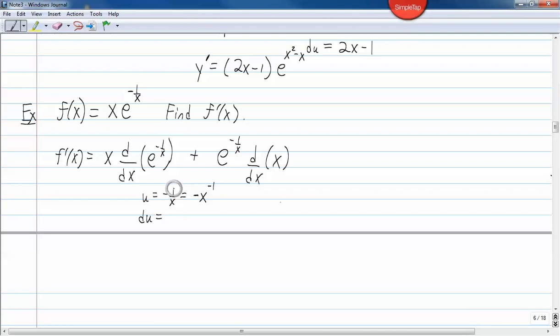Because if you bring that x up, it becomes a negative 1 power. So now take the derivative. Don't add. You say the power times what's in front, and then subtract 1 from the power. So that's going to be 1, and then x to the negative 2, which is 1 over x squared.